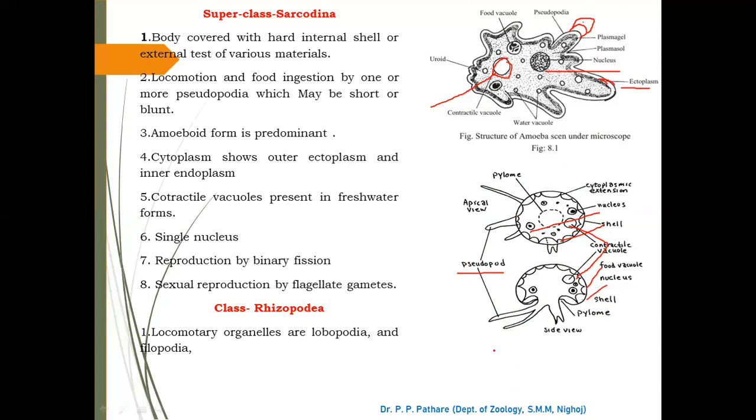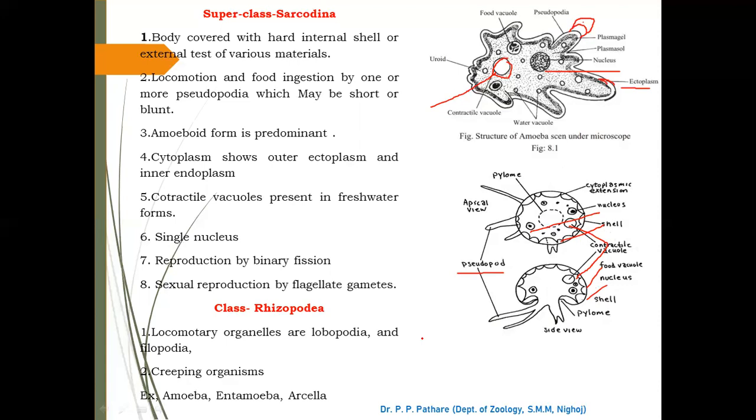It is a structure outside the particular cell, and by using these organelles, they are useful for locomotion. It is actually creeping. Creeping means they can contract their whole body and relax immediately for locomotion.